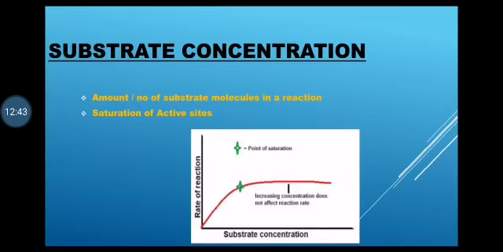The third factor, which is also most interesting, is the substrate concentration. If you recall the previous lecture in which we discussed how enzymes work: enzymes attach to the substrate molecules, the molecules that act as raw materials.